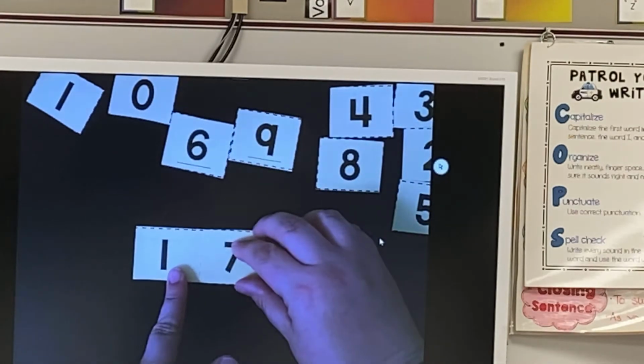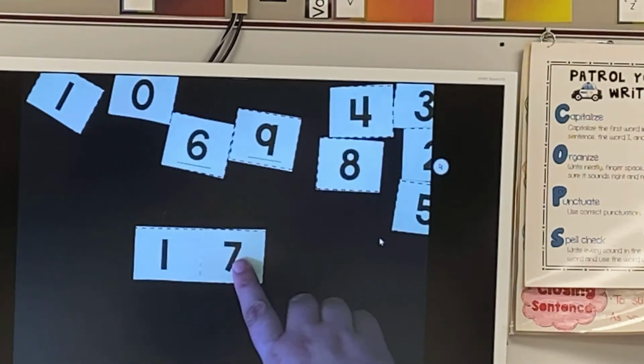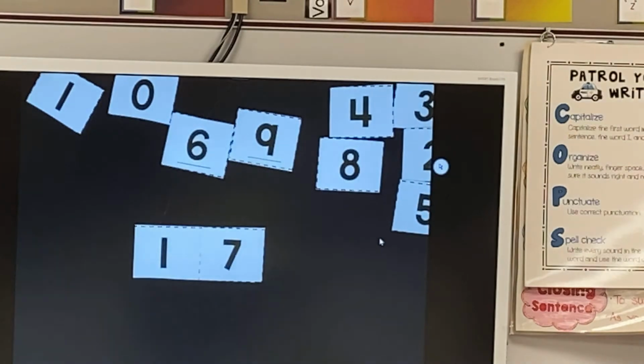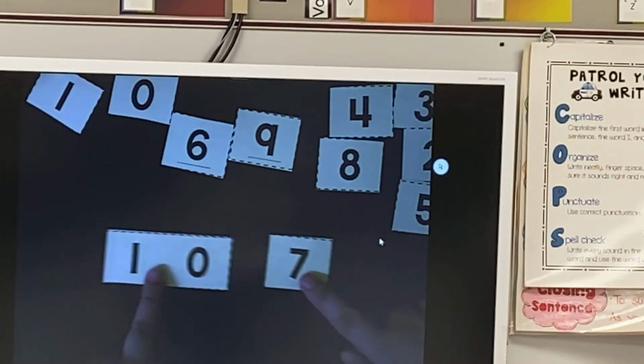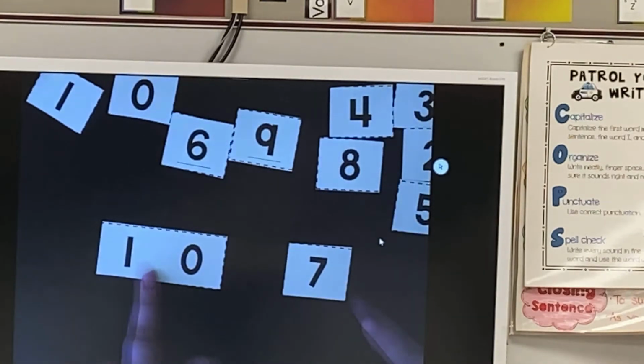Those are the 2 digits in 17. Micah said there were 7 ones in 17. Skylar, what else can you tell me about 17? Yeah, 7 ones. So what's the other part? You can take your cards apart, and that might help you see the other part of 17.